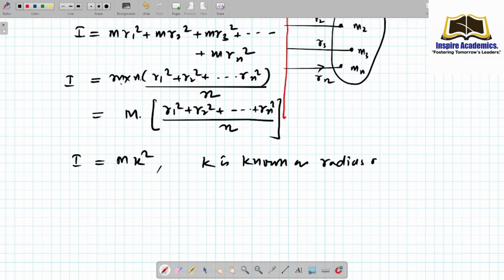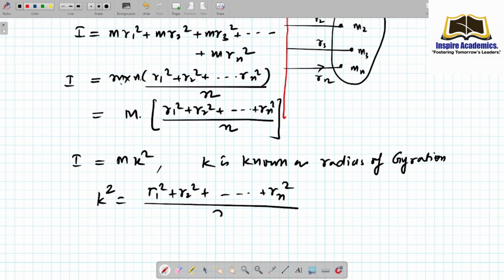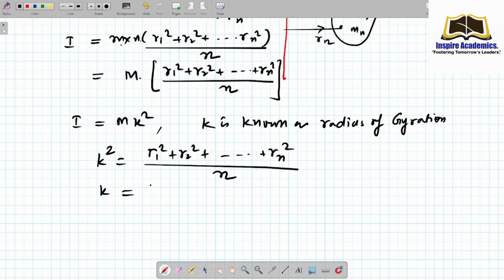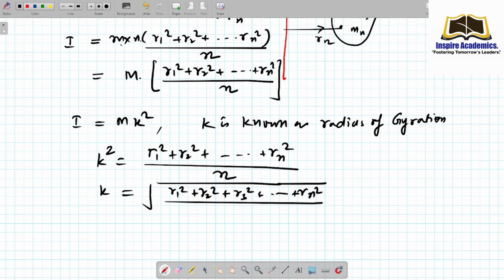Where k is known as the radius of gyration. So k square is r1 square plus r2 square plus and so on plus rn square, upon n. So what is the value of k? The square root, right? So k equals the square root of r1 square plus r2 square plus r3 square and so on plus rn square, divided by n.